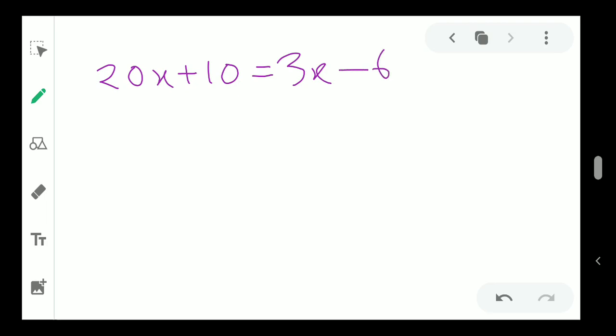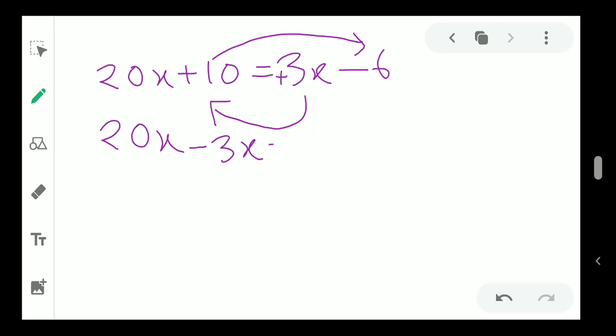Now using our technique, whenever addition and subtraction is there and we change the side, they change their nature. So if I bring the 3x to the left hand side and the 10 to the right hand side, they will change their sign. So 20x; 3x on the right hand side was positive because nothing was in front of it. When I bring it to the left hand side, it becomes minus 3x, and minus 6 was there.